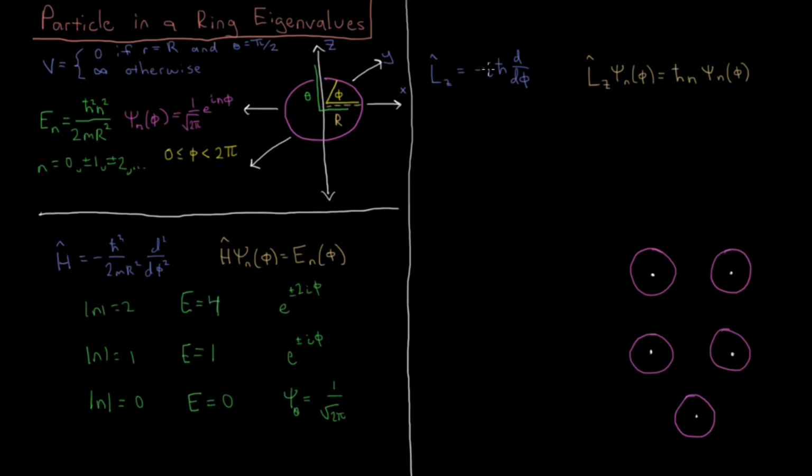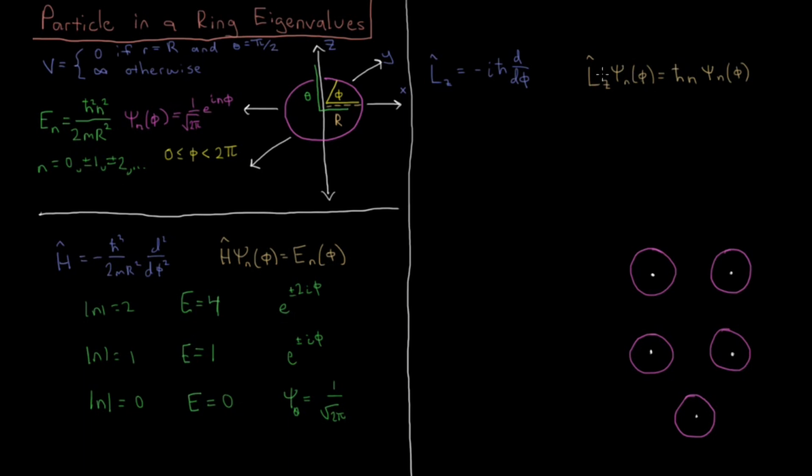And this is minus i h bar times the derivative with respect to phi, the azimuthal angle. So this gives us the angular momentum around this z-axis here. And this follows the same type of eigenvalue equation that we had for the rigid rotor and the hydrogen atom. Lz acting on our wave function gives us the eigenvalue h bar n times psi n.